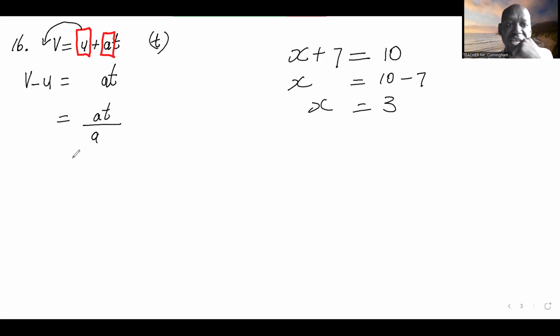Whatever you do on one side, you put V minus U over A. You're putting it over A. Thank you, Kiara. So the A's cancel, leaving me with T equals V minus U over A.